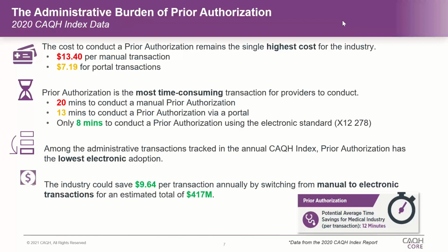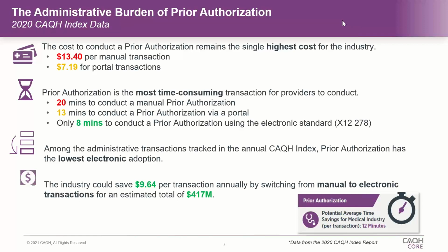When you think about that and the data that we collected, by switching from manual and fully electronic transactions using the 278, the industry could save $9.64 per transaction for an estimated total savings opportunity of $417 million.